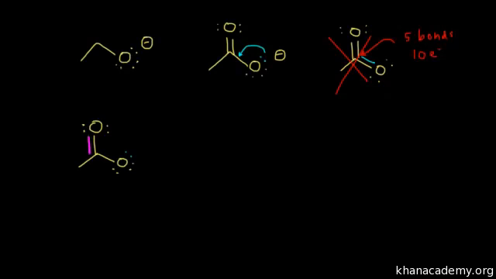So I'm going to start off the same way. I'm going to say these 2 electrons in here can move in here to form a double bond. But that's too many bonds to that carbon, so something has to give. Something else has to change. And the electrons in magenta, the ones in this pi bond here, are going to move out onto my top oxygen. So let's draw what would happen if the electrons move that way.